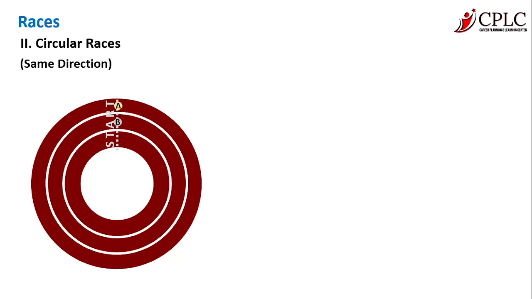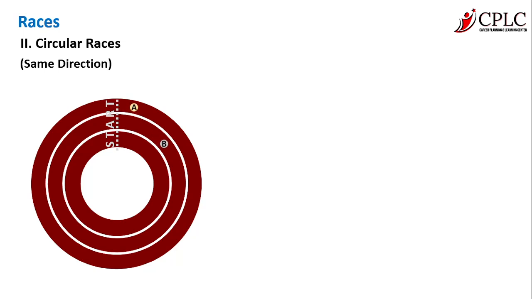So let's first do the idea where people are running in the same direction. Now observe very, very carefully, once the race starts and A and B start running, for example, when do they meet for the very first time? That will be the most critical aspect of this race.